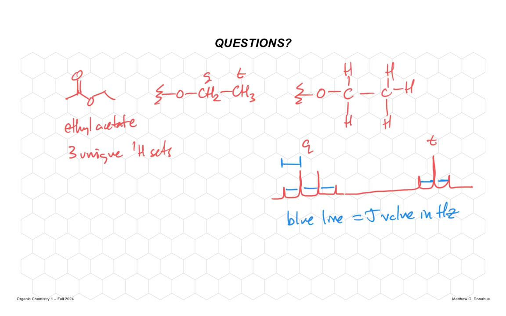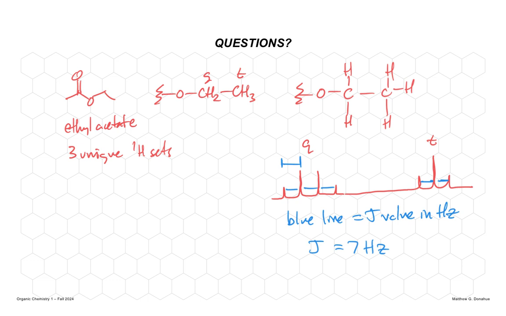So these things are rotating. They come out to an average angle. And the value for those in terms of the coupling constant is about 7 hertz. So that value of coupling will change depending on the angle of the hydrogens that are talking to one another.